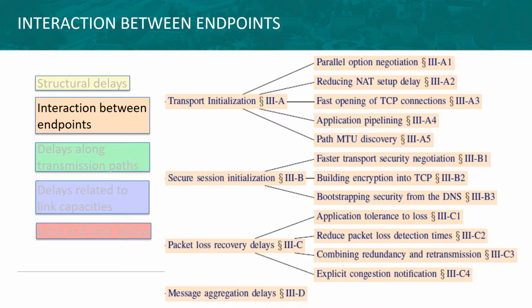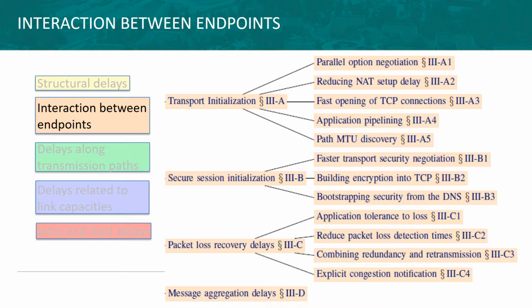Ways to reduce this is, for instance, to use parallel negotiation, something which is used in the happy eyeballs mechanism, where you can try and set up an IPv6 connection in parallel with an IPv4 connection. You also have mechanisms such as the TCP fast open, which reduces delay needed to set up a TCP connection. Here the idea is that if you have talked to the server before, you can use this knowledge to immediately send data in the connection setup.